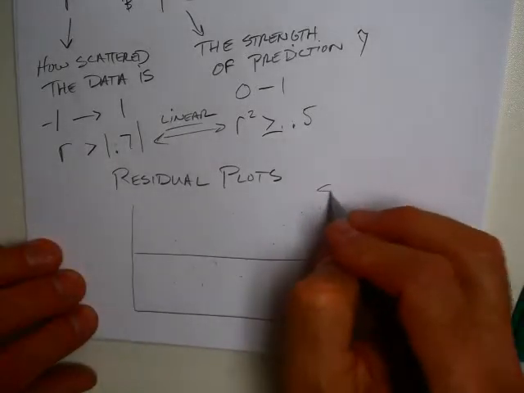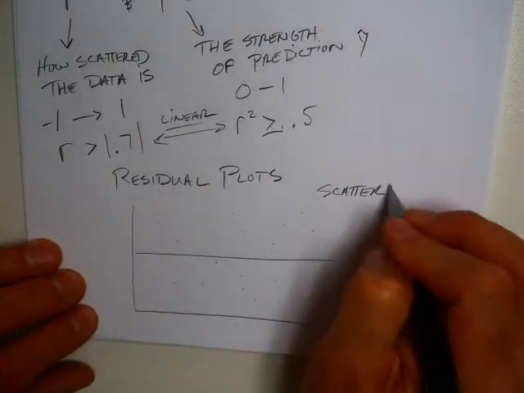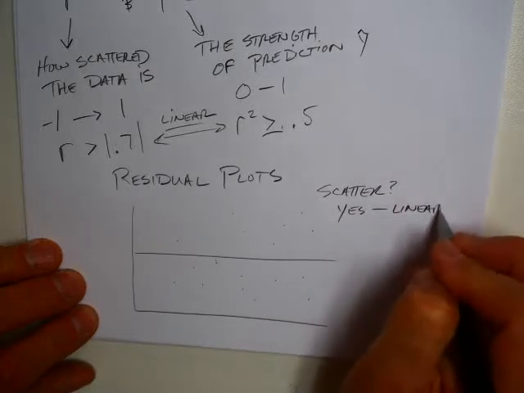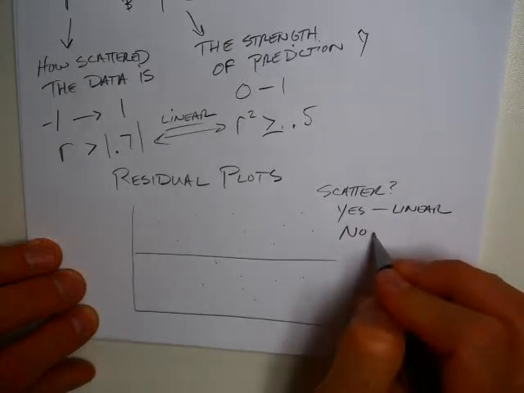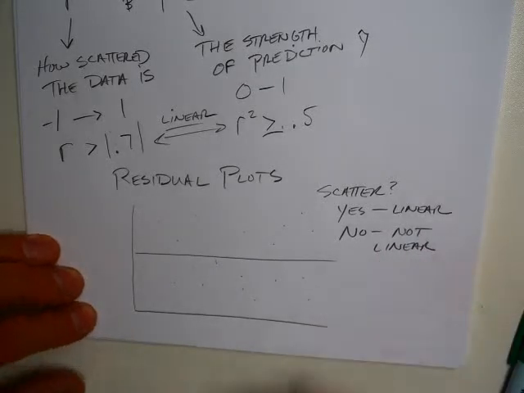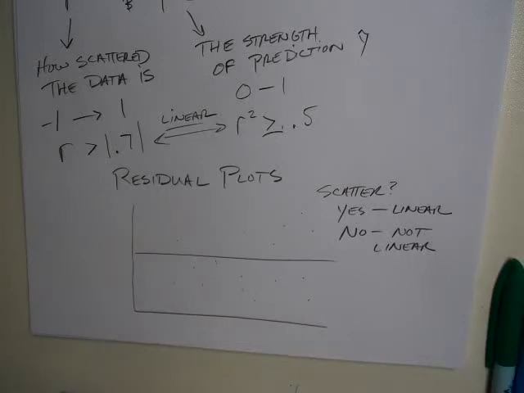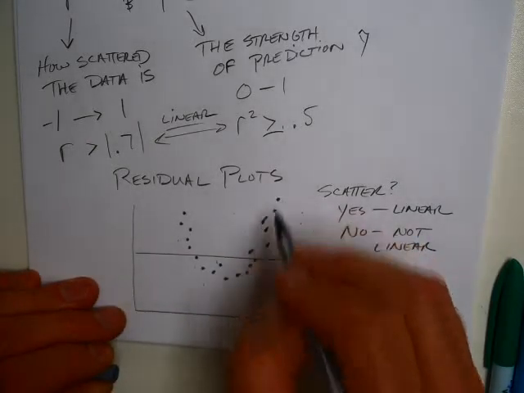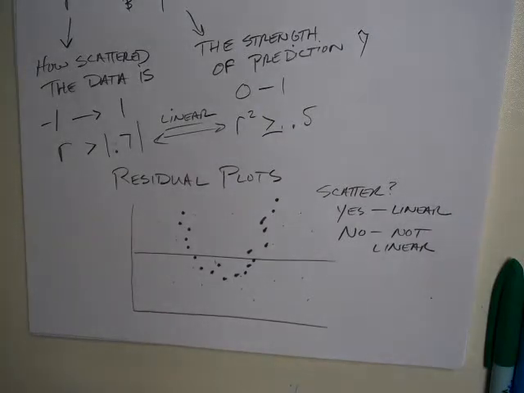So scatter. If yes, then it's linear. If no, meaning there's a pattern, not linear. So we're actually looking to see if there's a pattern. So an example might be if you look at this and you see something like this, where there's some pattern or another, here it's parabolic, then that would be an indication that your data is not linear.